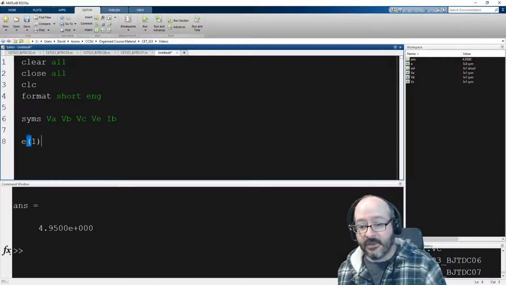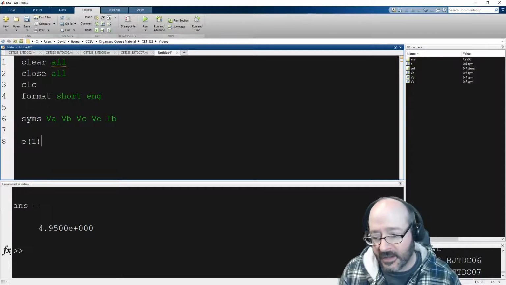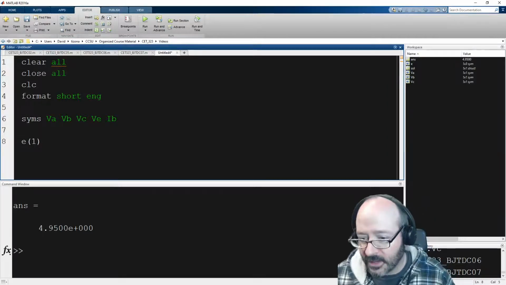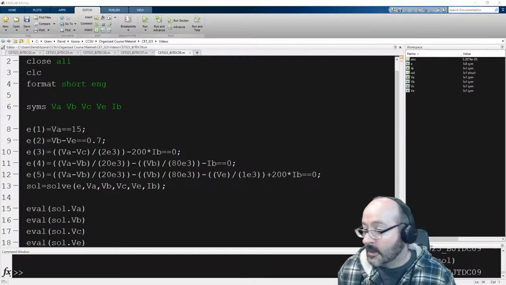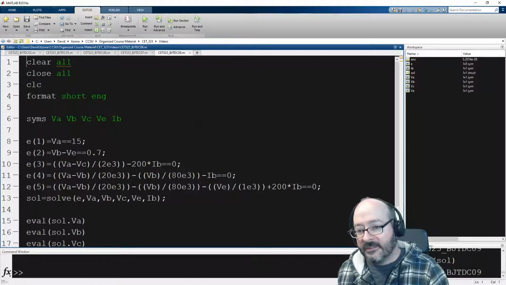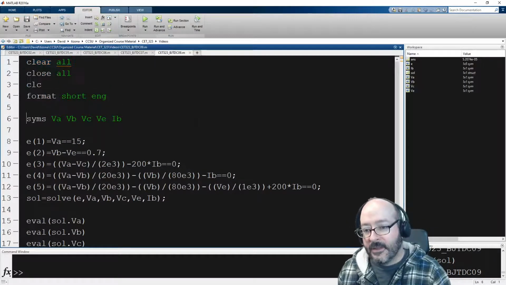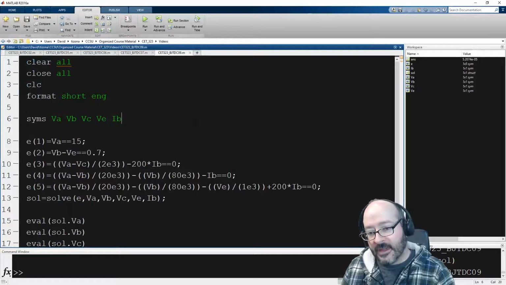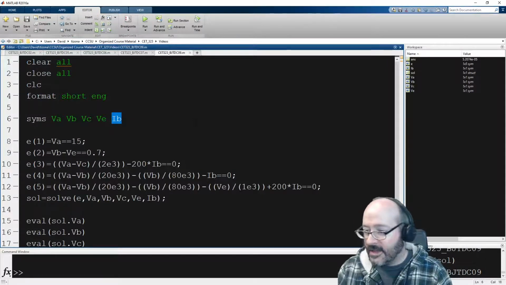I'm going to write out the equations. I'll pause the video to keep this a little more exciting, and see you on the flip side. Ta-da! So I wrote a bunch of script. I started with my usual stuff up here. I defined the symbolic variables, and I included that control variable so that I could add that 5th equation in there.